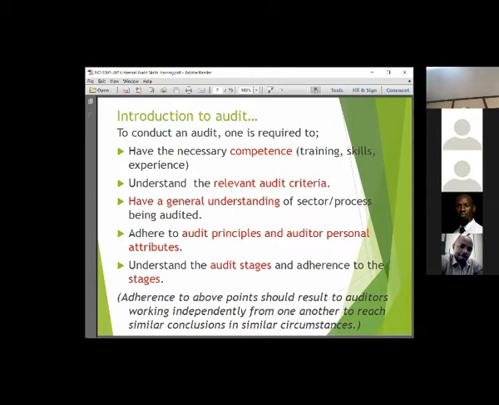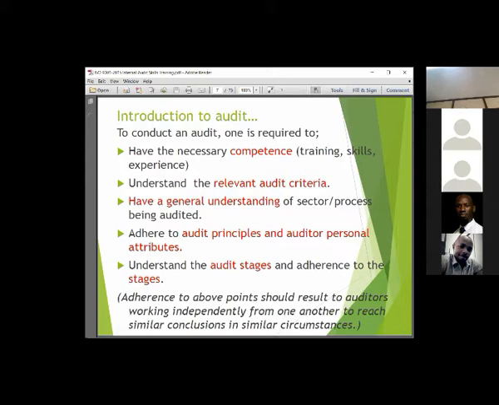So we move on to, you need to have a general understanding of the sector or the process you are auditing. We don't mean you must have a specific understanding, and you don't have to be an expert in that area, but at least you have to have a general understanding.